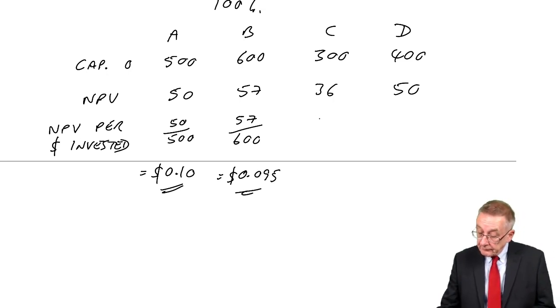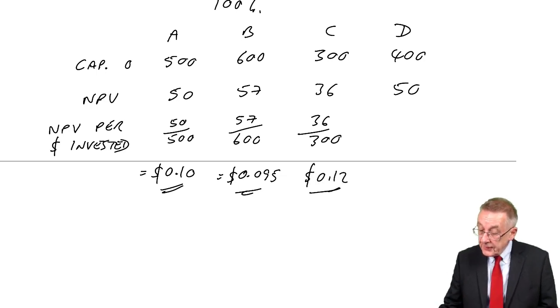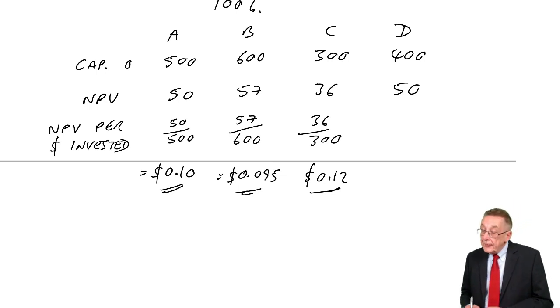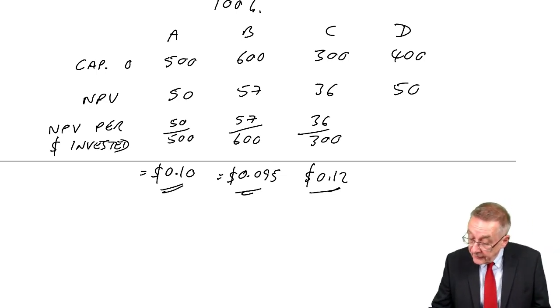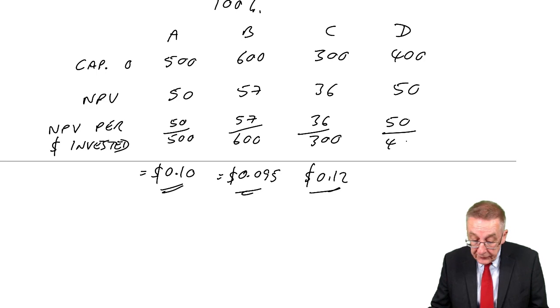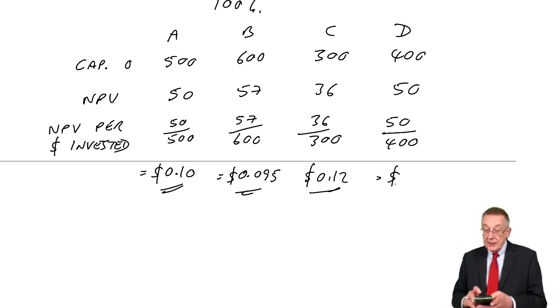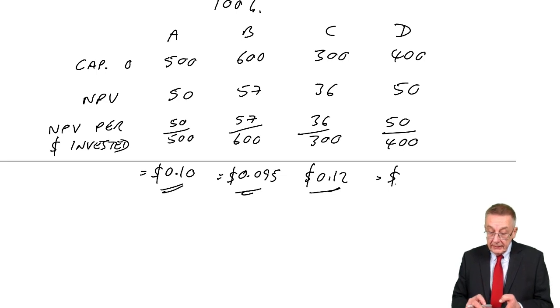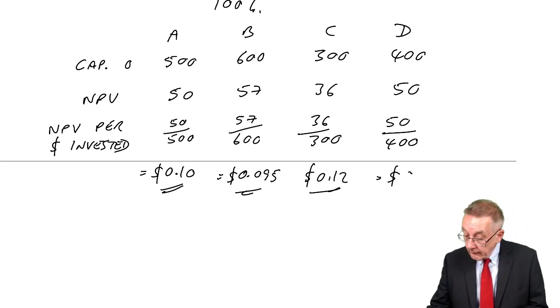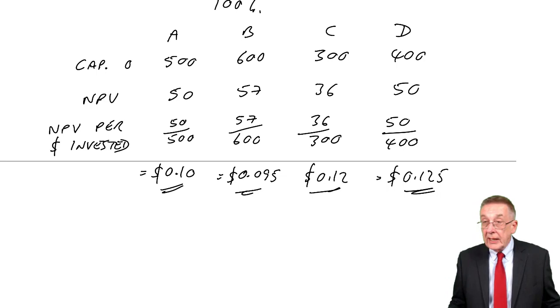For C, 36 from an outlay of 300 is 12 cents. And finally D, 50 from an outlay of 400. The net present value per dollar invested, 12.5 cents.